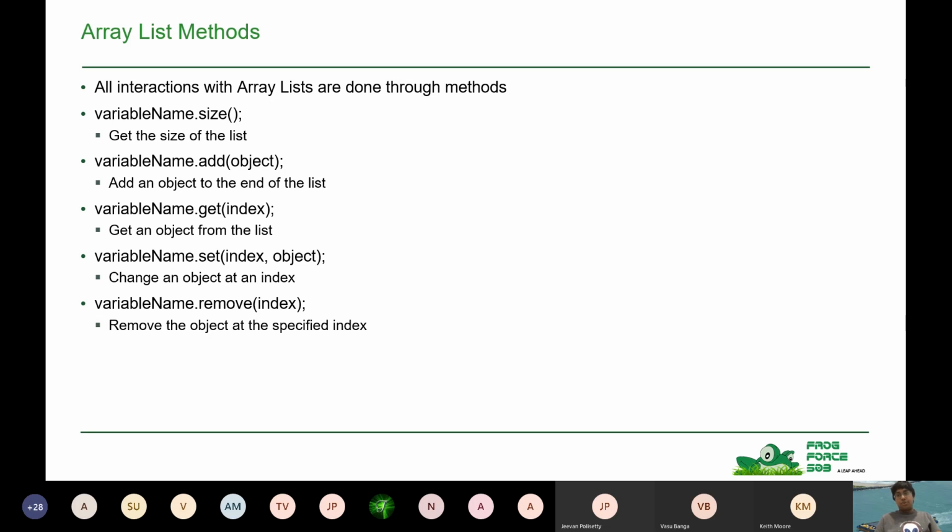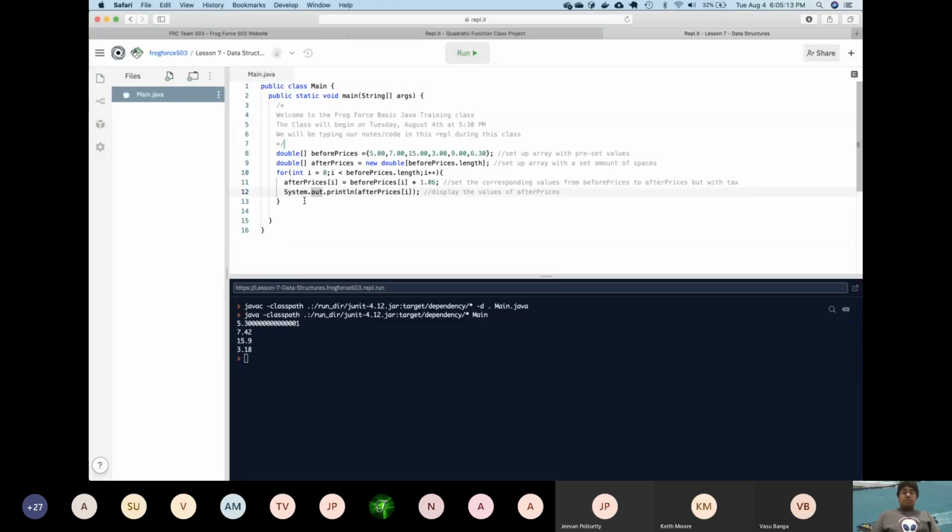So now let's switch over to Repl and we can talk over array lists. I'm going to share my screen. So this is our Repl. Let's come up with a new situation: let's talk about celebrities.